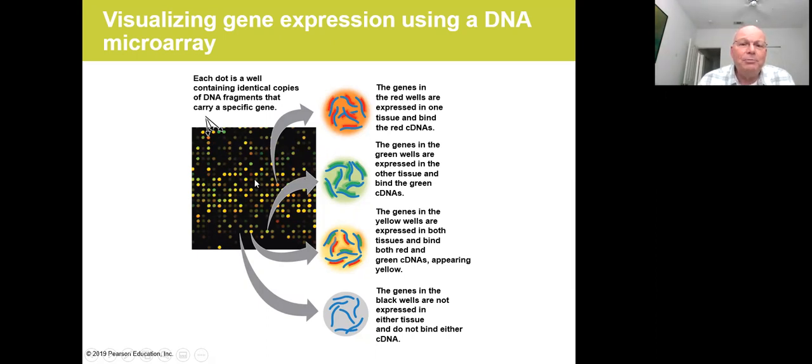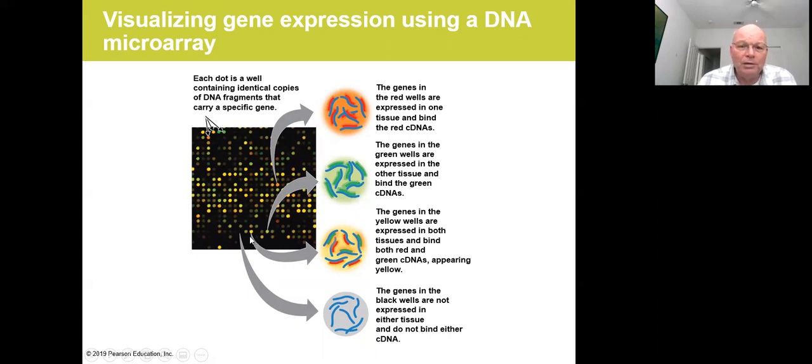So in some of the wells, you see red. So that means that the red probe is finding the activated gene in those wells, and that's why it glows red. In others, you can see that it's glowing green, and that means the other gene is active in those tissues, because the probe is binding to the activated gene.